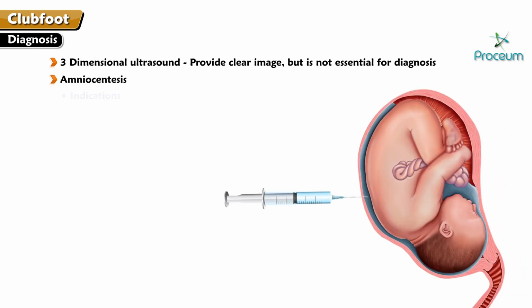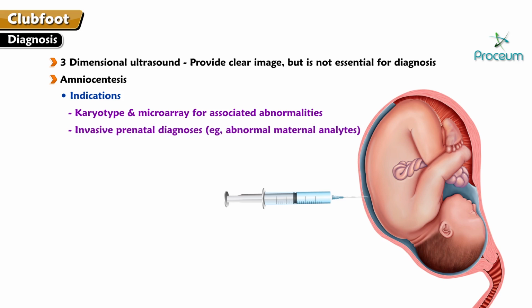The latest guidelines suggest an amniocentesis for karyotype and microarray if there are associated abnormalities or indications for invasive prenatal diagnosis like an abnormal maternal analyte, given the increased risk of aneuploidy.